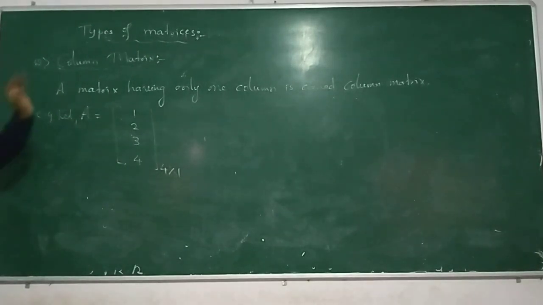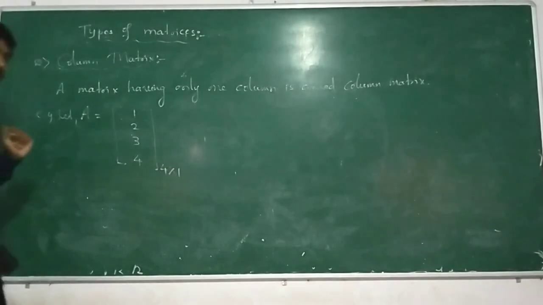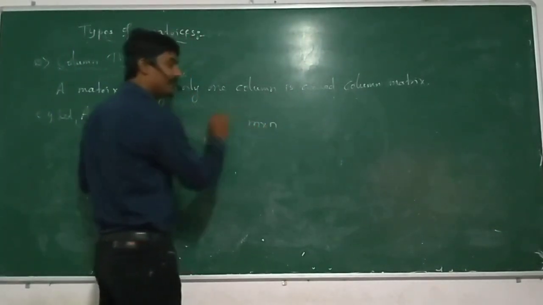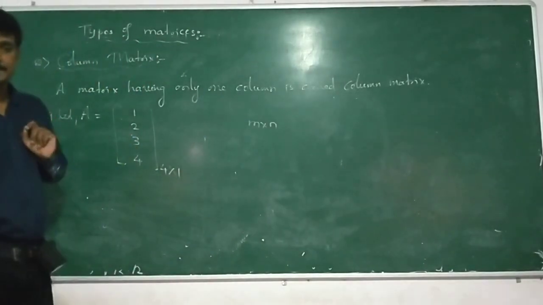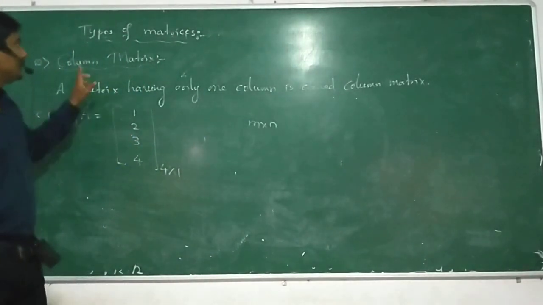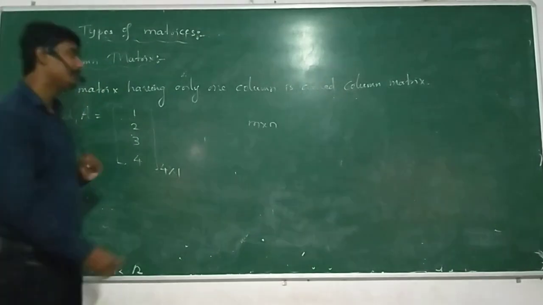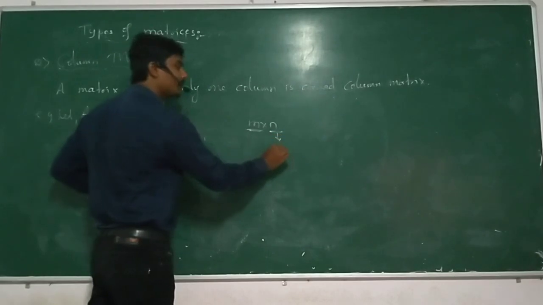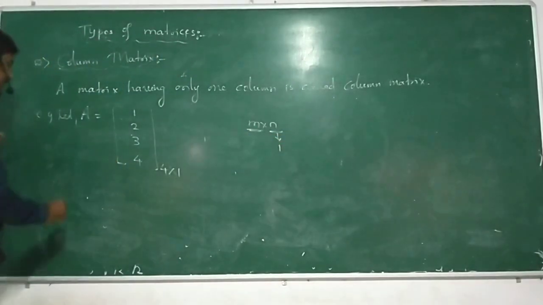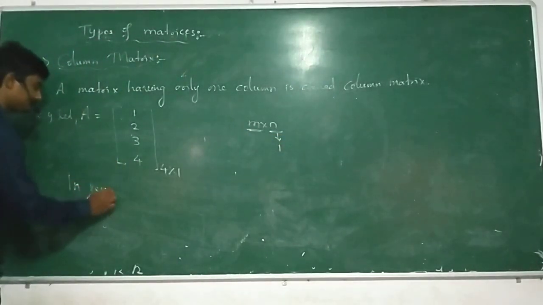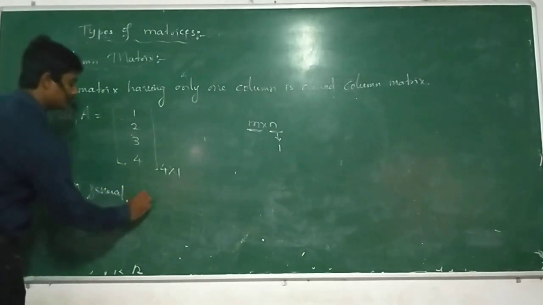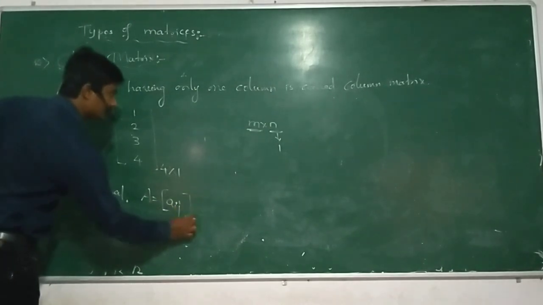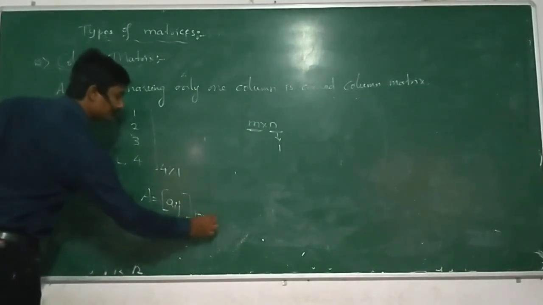Generally, how do we write down the order of a column matrix? As I had earlier mentioned, generally we take the order of a matrix as m by n. In particular, when I say column matrix, the number of rows can be any natural number, but the number of columns we will fix as what? 1. That's why in general, A equals [aij] of order m by 1.